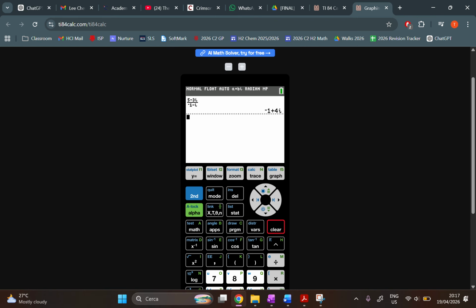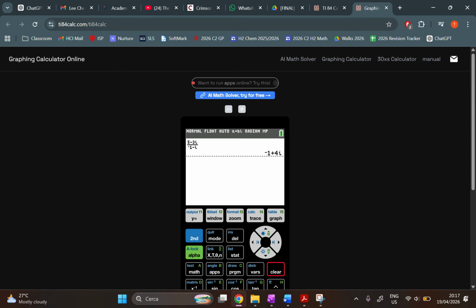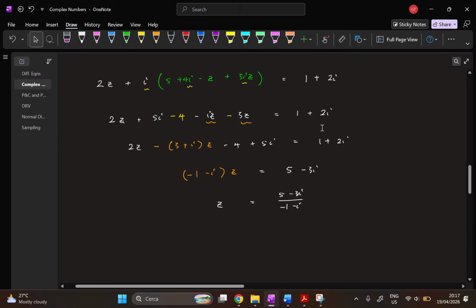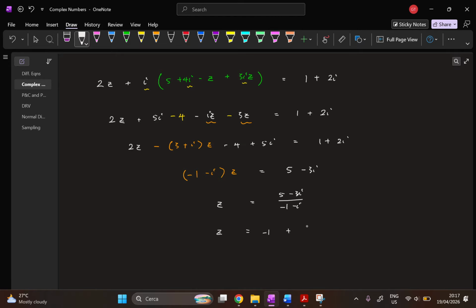So you just key in your fraction, press enter, and then it will automatically simplify for you. So on top, I showed you how to do this manually by multiplying by the conjugate. But in this case, because the fraction is a bit more complex, you can make your life a lot easier. So z is just going to be equals to minus 1 plus 4i.